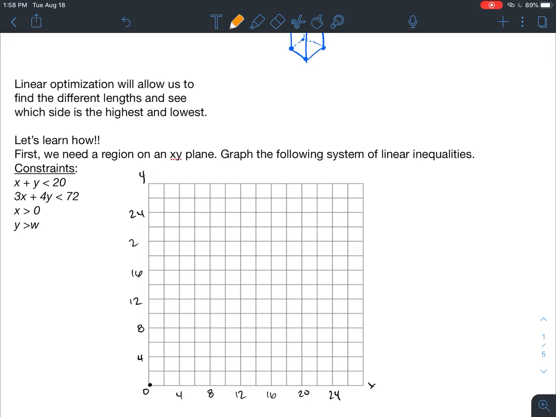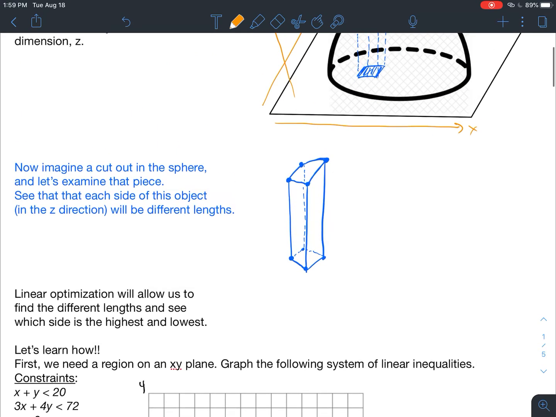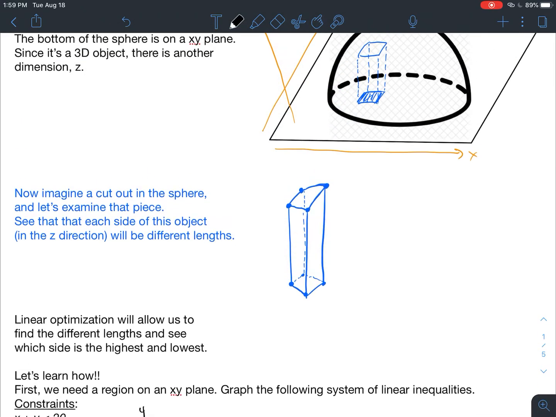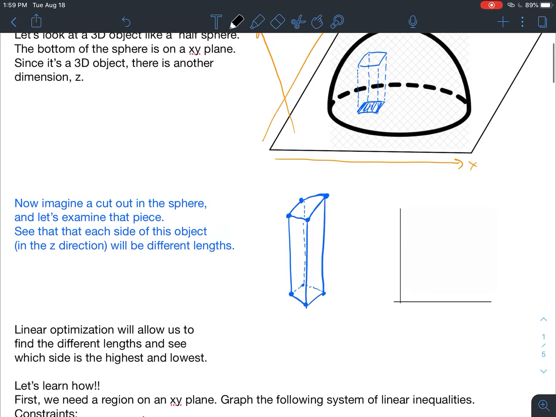So first of all, on this xy plane, let's go ahead and graph the system of linear inequalities that we have here. But before I continue, there's one thing I wanted to add. Just for a moment, imagine if there's a top-down view of this plane right here.